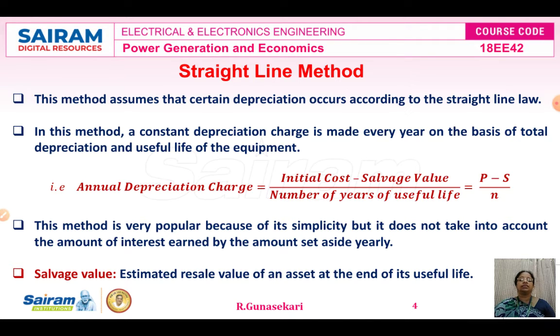This method is very popular because of its simplicity, and it does not take into account the interest or the amount set aside yearly. That's why it is the most popular method used to calculate the depreciation.